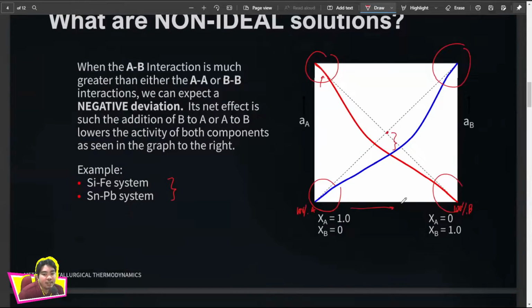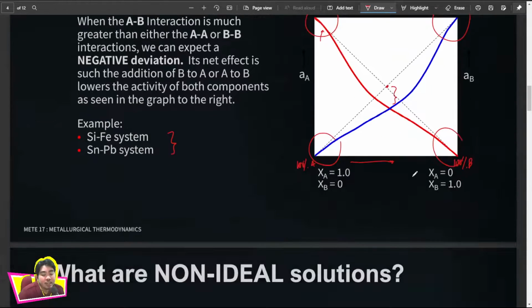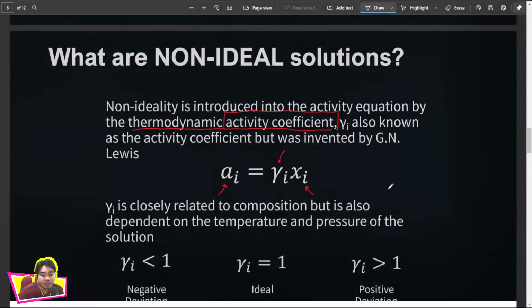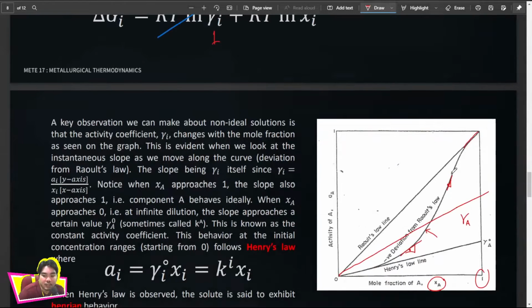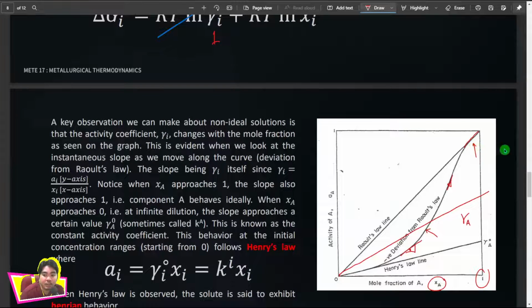So, sorry, not 100% but it behaves ideally na. Okay? So yun yung first observation natin, no? As it approaches 100% contribution, nagiging more ideal yung solution natin.